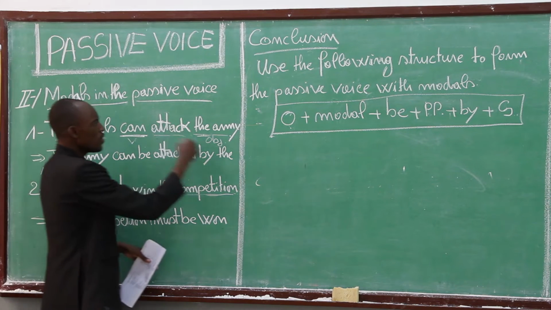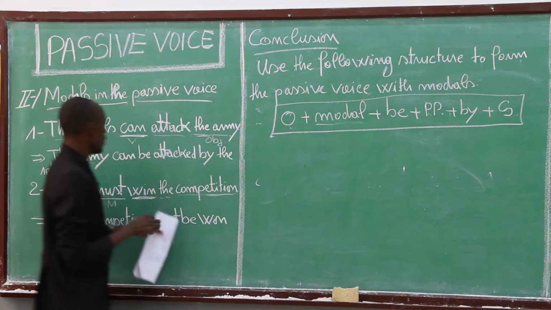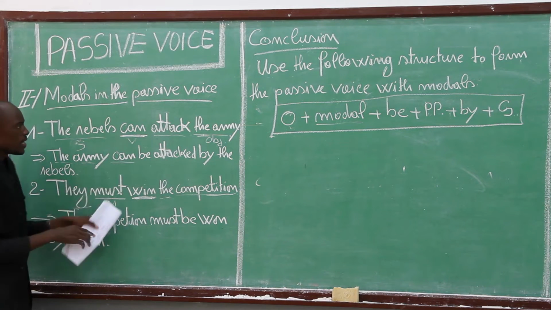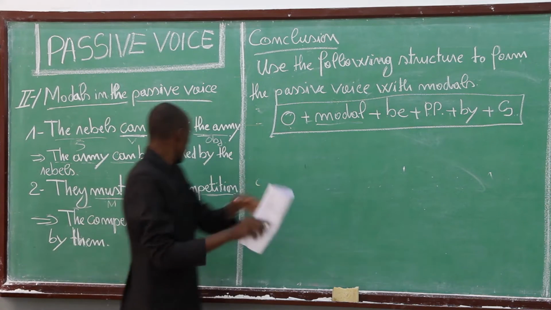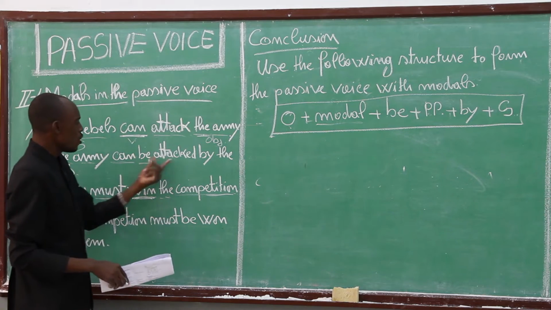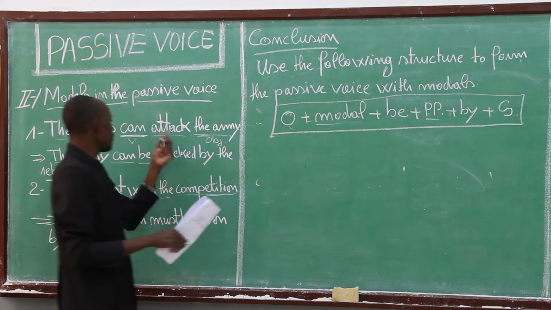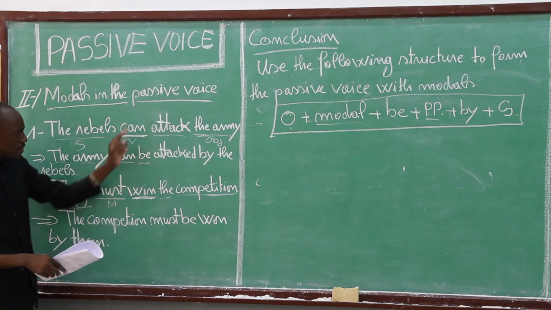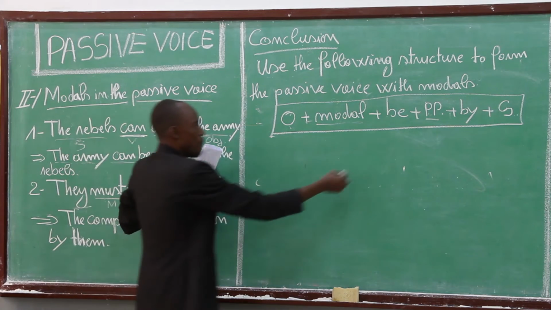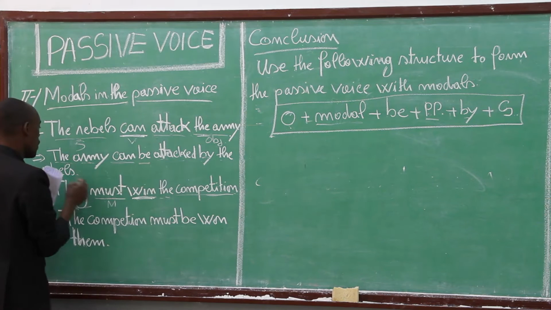After the object, we must use the modal, and in the sentence the modal is can. After the modal, we have be. And after be, we have the past participle of the second verb, attacked. And we have by here. And at the end, we have the subject.